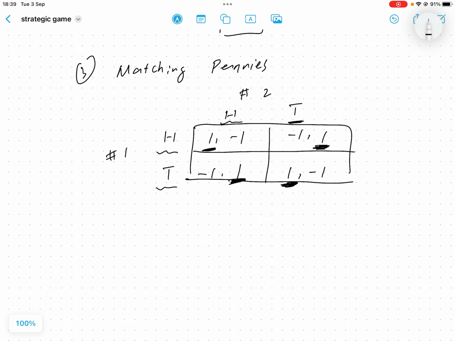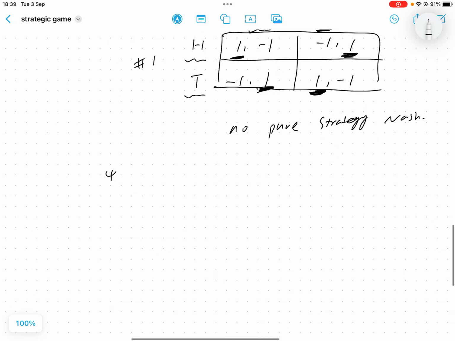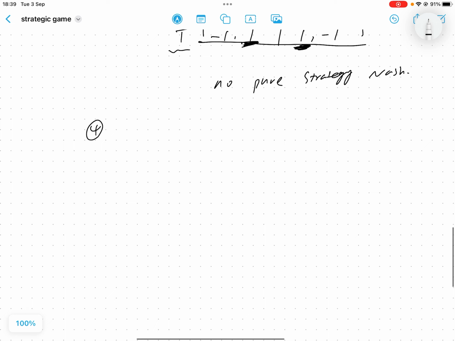Intuitively it means that there is no stable or actual prediction for the outcome of the game. So that's matching pennies.